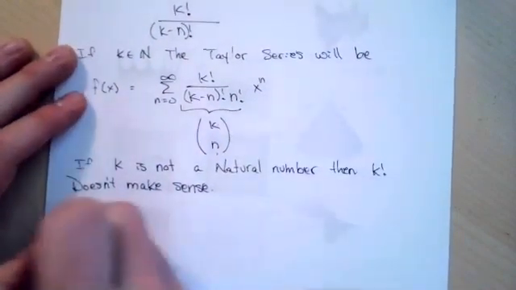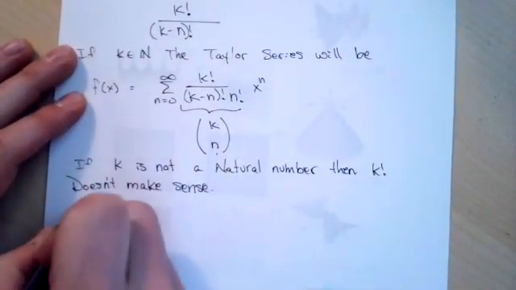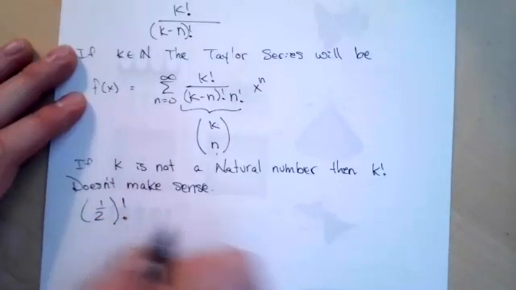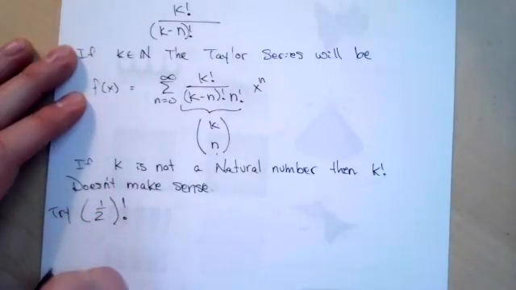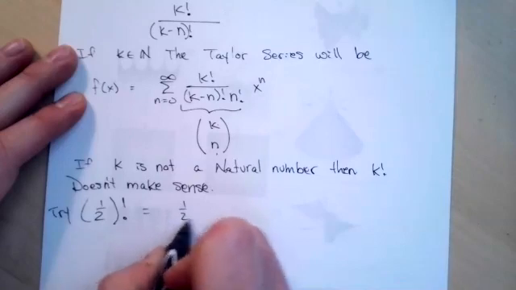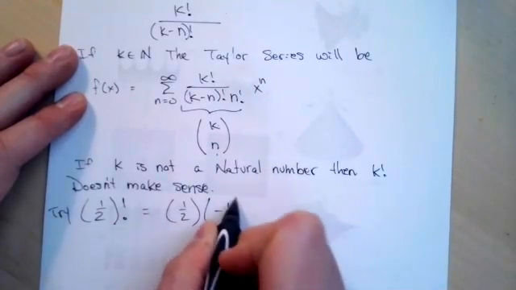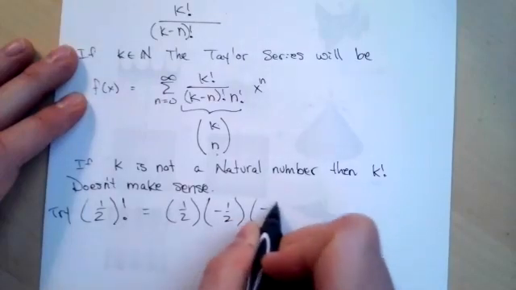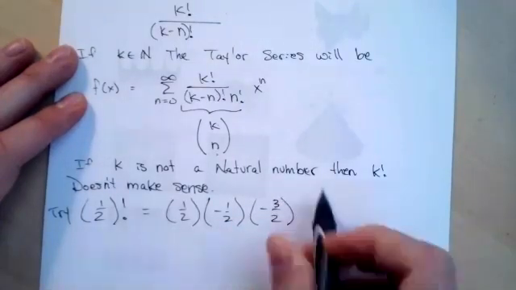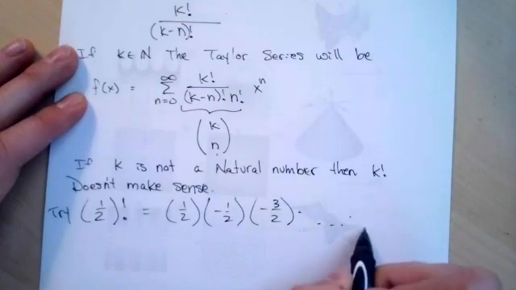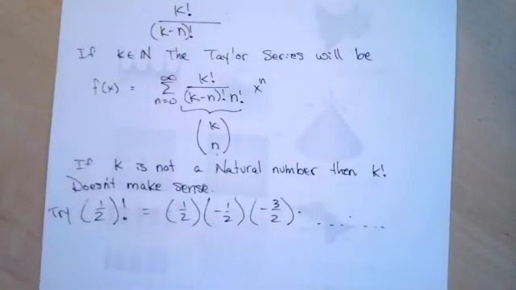In particular, if we try 1/2 factorial, well, that's going to be 1/2, but then as soon as I subtract 1, it's going to be times -1/2. And then if I subtract 1 times -3/2, and then we would theoretically just keep going and going and going.